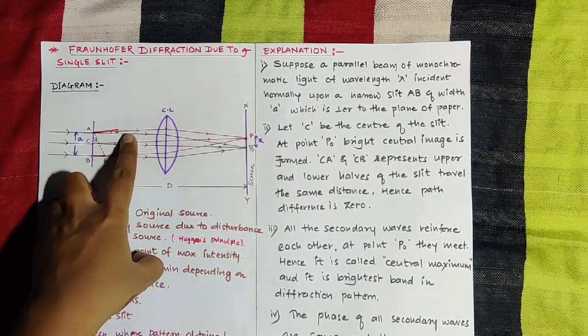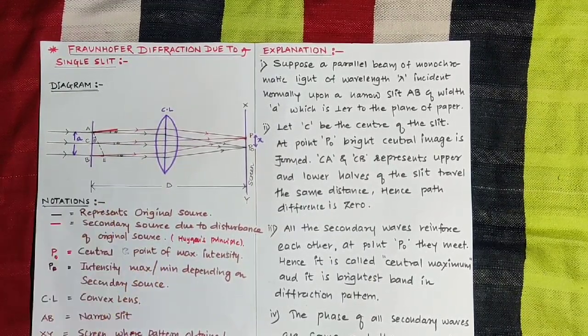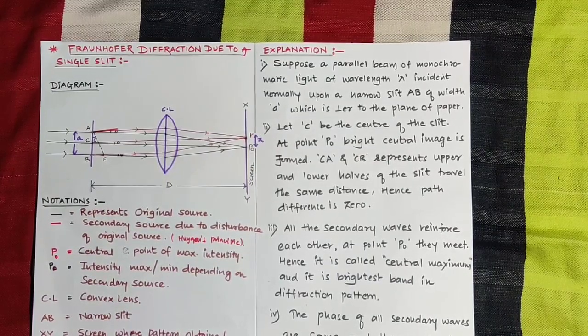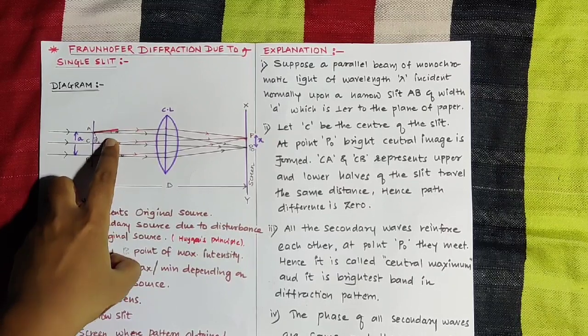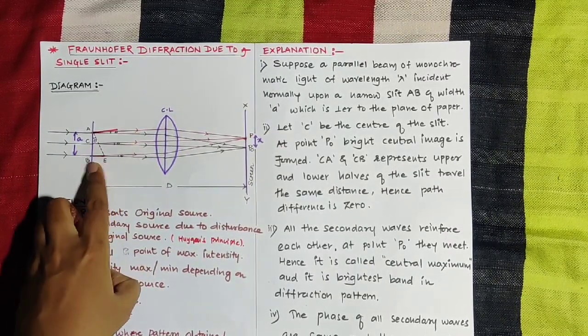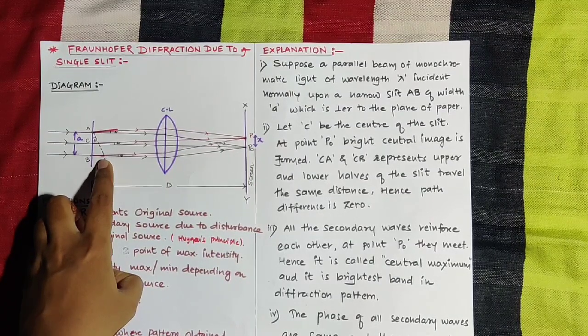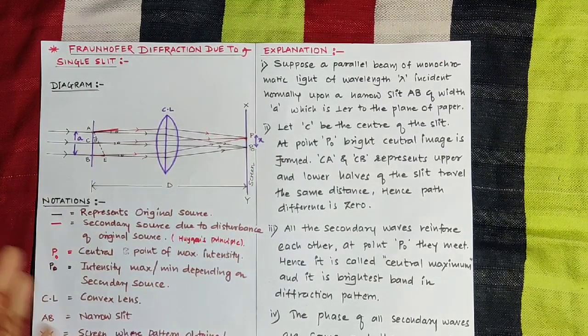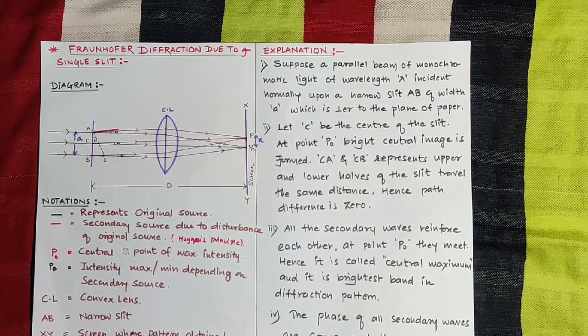That's why for the secondary sources we consider BE as the path difference. Again I'll repeat why: because we consider the angle theta produced by the secondary source. For the secondary source we consider the path BE, and for the original source we consider the path CP0, where P0 is the central bright band.